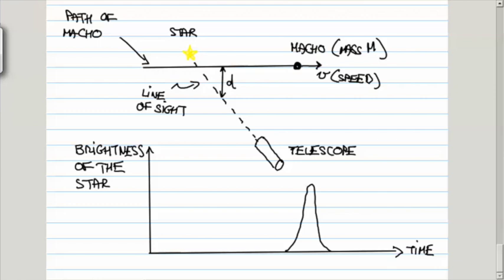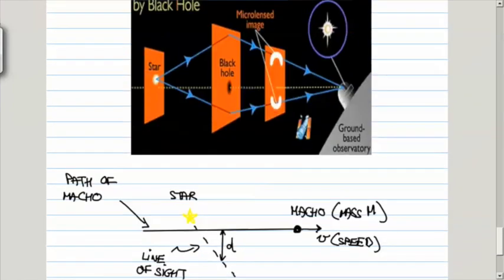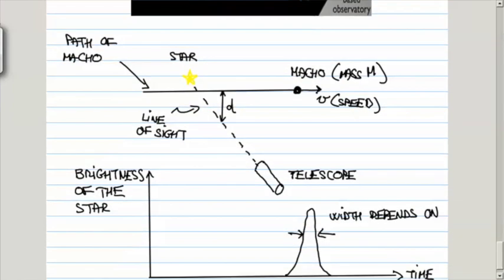And the width of the peak depends on the speed of the MACHO, how fast it's moving, right? If it's moving very fast, then it will spend little time here, so the peak is going to be narrow. If it's moving slower, it will take longer to pass near this line of sight, and therefore the width of the peak is going to increase.